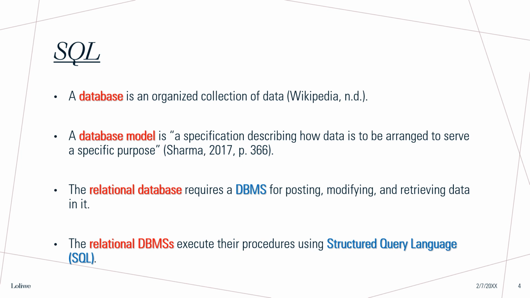Relational databases are tables which are linked, and these tables have rows, those rows are records, and those records have fields, and they try to have less duplication. They work better and save space, but they need a database management system, which is a DBMS, to be able to post, modify and retrieve data sitting in a relational database.